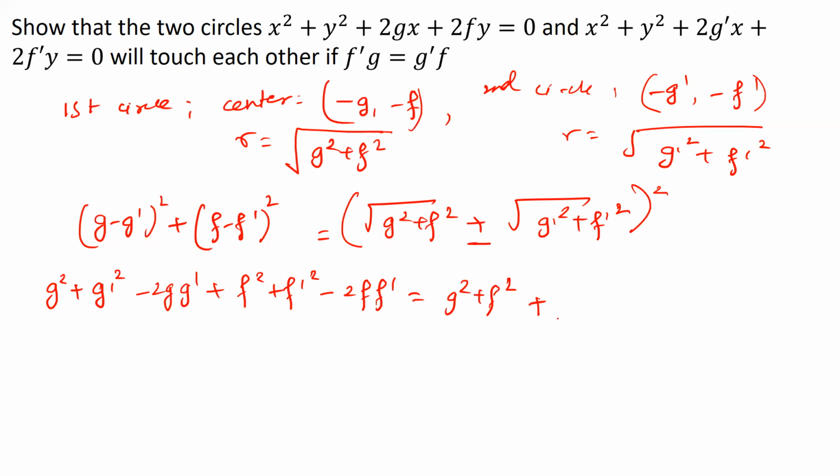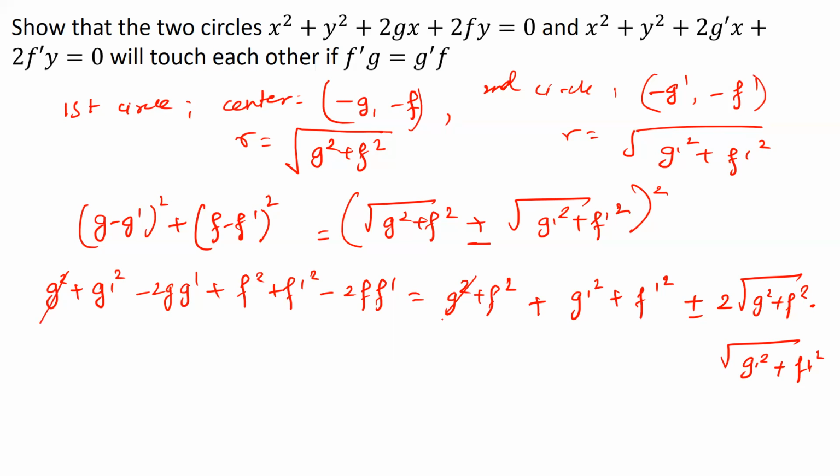Okay, there is one more question after it. So let's continue. Plus g dash square plus f dash square, and then plus minus 2 root over g square plus f square into root over g dash square plus f dash square. We observe that g square cancels, g dash square cancels, f square and f dash square all cancel out.